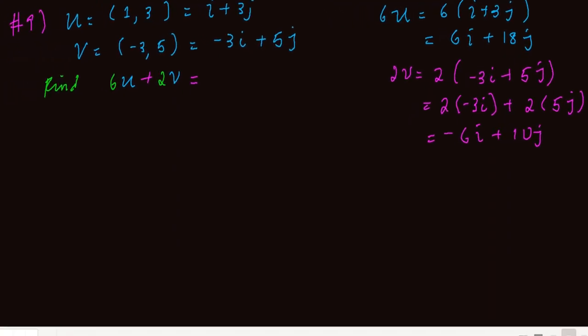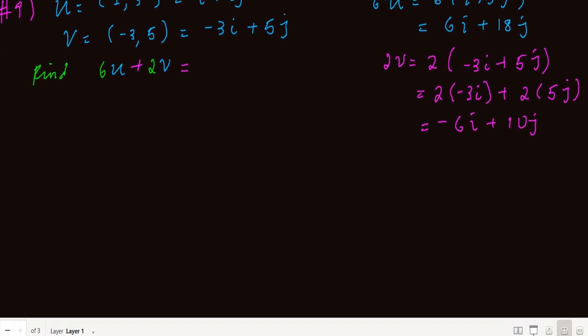Next step: we come here and have 6i plus 18j, then plus the vector 2 times v, which is minus 6 in the i direction plus 10 in the j direction. Now we add together those in the same direction.